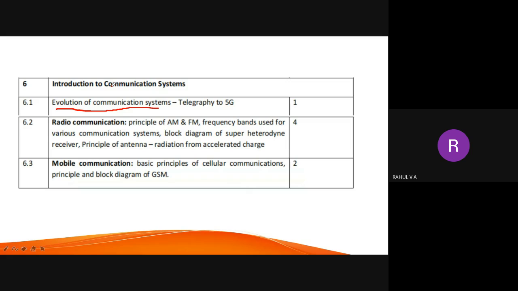Each channel can be allocated some frequency so that no interference happens. Like that, a few points you can write. Then we saw the different types of modulation: amplitude modulation, phase modulation, and frequency modulation. In our syllabus, we have to learn about amplitude modulation and frequency modulation.